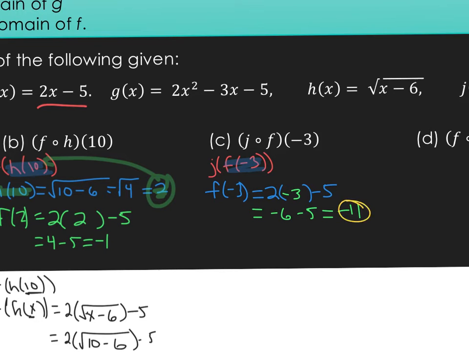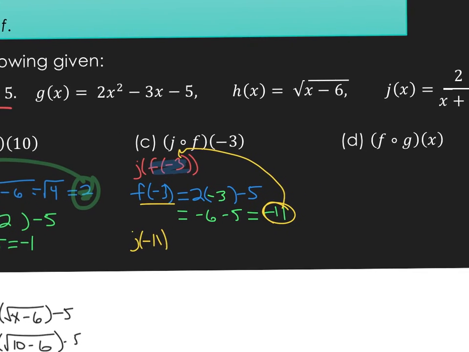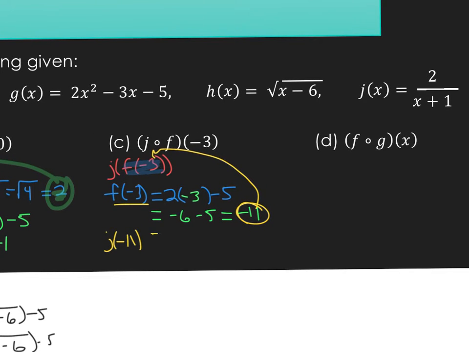Now, negative 11 is the same thing as f of negative 3, so we can replace f of negative 3 with a negative 11. In other words, we're going to find j of negative 11. And our j function, which I can't really see, is 2 over x plus 1. We'll put a negative 11 in those empty parentheses. That ends up giving us 2 over negative 10, which is negative 1/5.